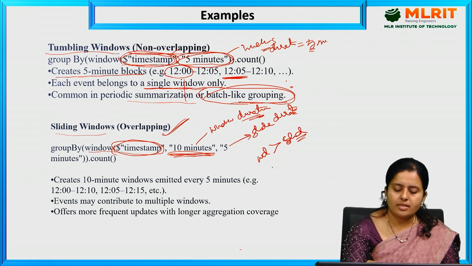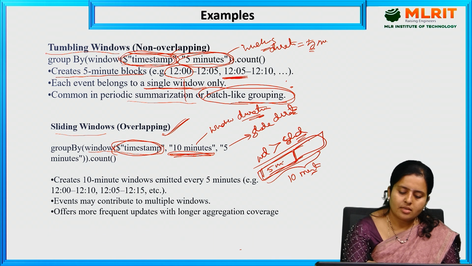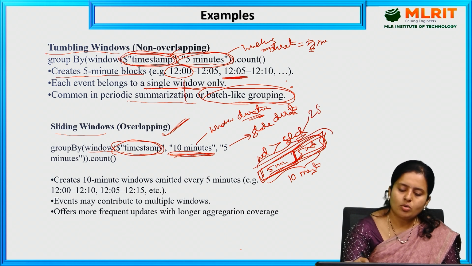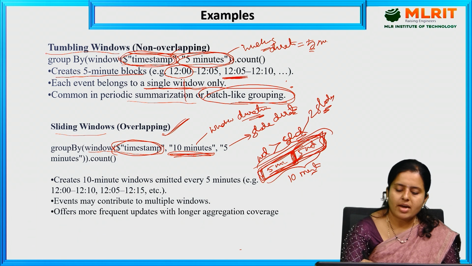That is the reason events are overlapping. If my window duration is 10 minutes, then for every 5 minutes the window has to slide onto another window, which means window 1 slides onto window 2 every 5 minutes.